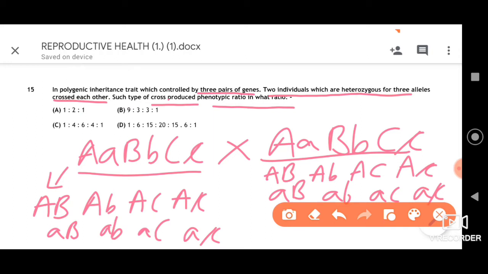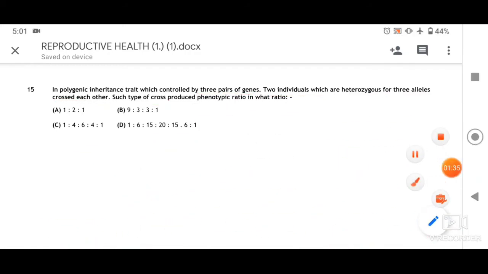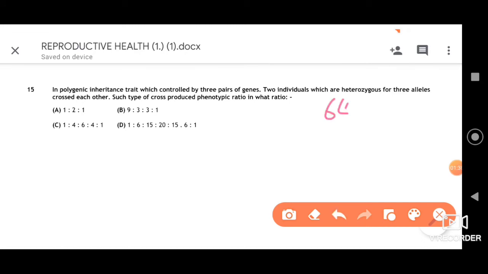Now, a cross between these two individuals heterozygous for 3 alleles will produce a phenotypic ratio. There are totally 64 combinations possible here. In that, option D is correct. See, 1 will be all dominant alleles, 6 will have 1 recessive allele, 15 will have 2 recessive alleles, 20 will have 3 recessive alleles, 15 will have 4 recessive alleles, 6 will have 5 recessive alleles, and 1 will be all recessive alleles.